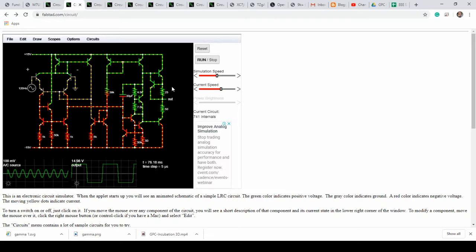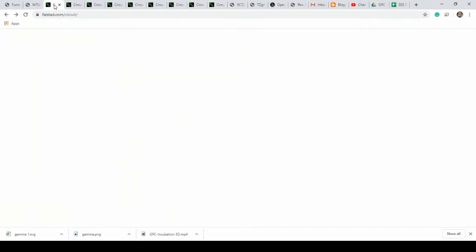Looking at the internals of the op-amp, you see that it's made out of transistors. This is an extension of transistors where the entire operation amplifier circuit is embedded into a single chip, or even right down to a small dot in a smaller form factor. So to understand it, let's look at the symbol again.